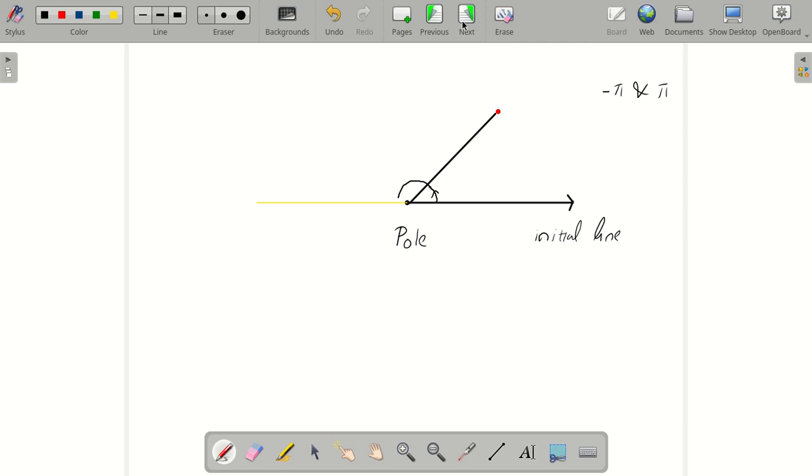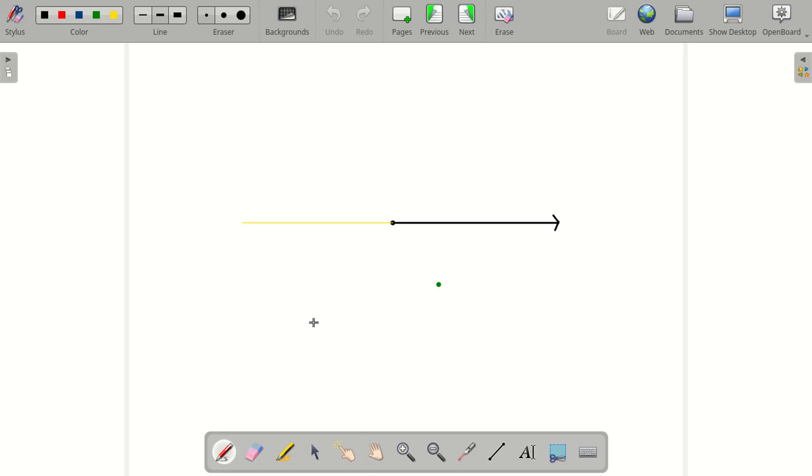But if we have a point below the initial line, I'll join it. So this is our r, and whenever the point lies below the initial line, we go for the negative angle. That is, we will move in the clockwise direction, so that we will be able to maintain theta between minus pi and pi.